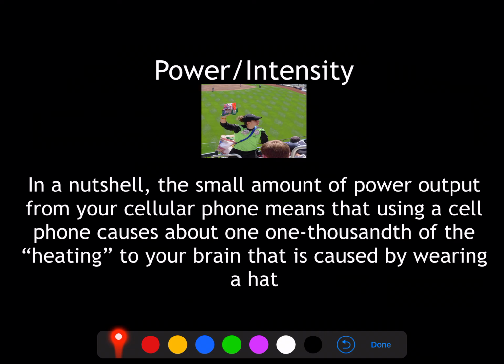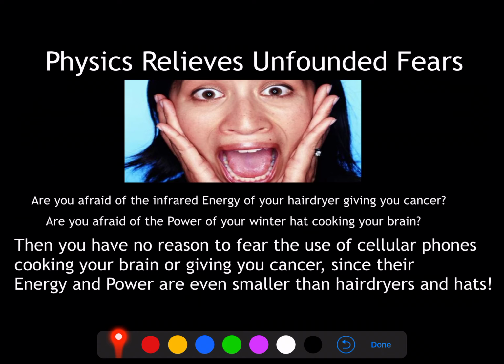So basically, power, like energy, shows us that if we think about these things carefully, your cell phone is not something that you need to be concerned with. The power output produces about 1/1000th of the heating to your brain that would be caused by wearing a hat.